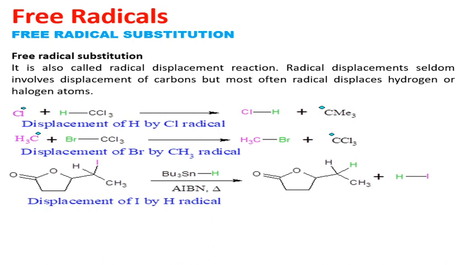We studied different factors which affect the stability of free radical. Into that we studied the captodative effect. Means what? Both the groups having plus R and minus R effect stabilize the free radical.